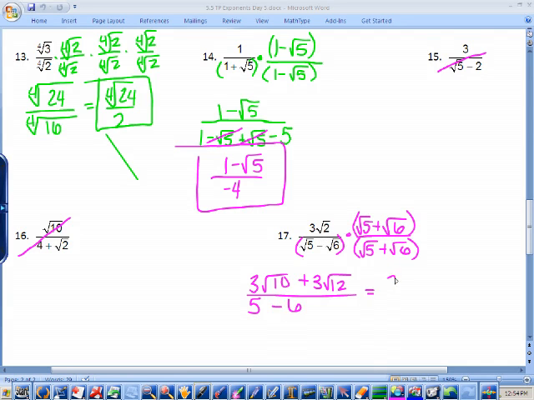So I'm going to get 3 root 10 plus, how does 3 root 12 simplify? Okay, I pull out the 2, and that 2 gets multiplied by a 3, so that's 6 root 3 over negative 1.